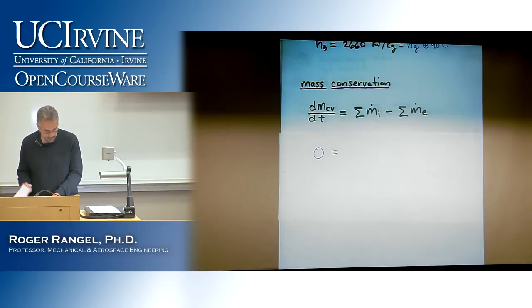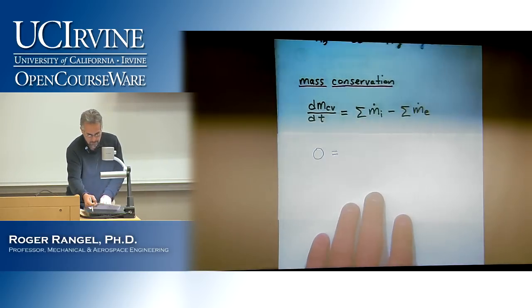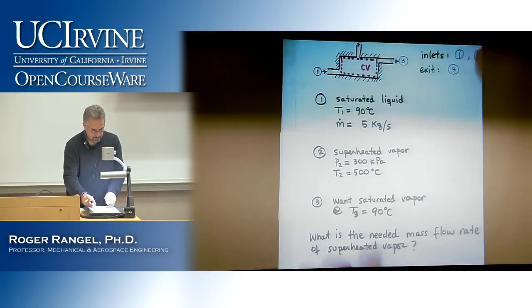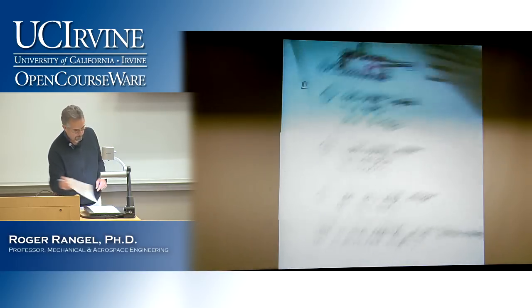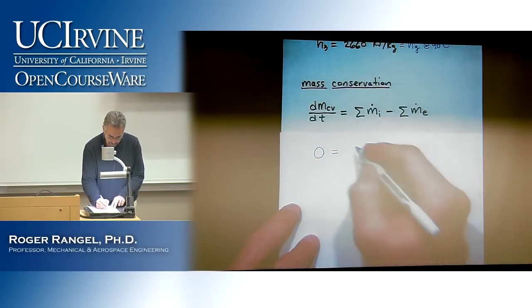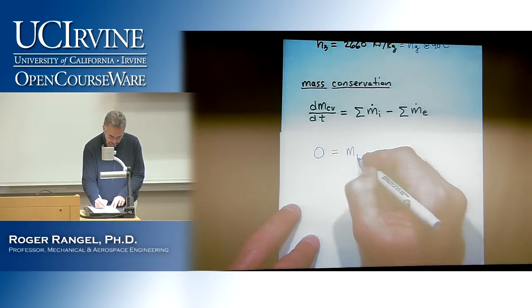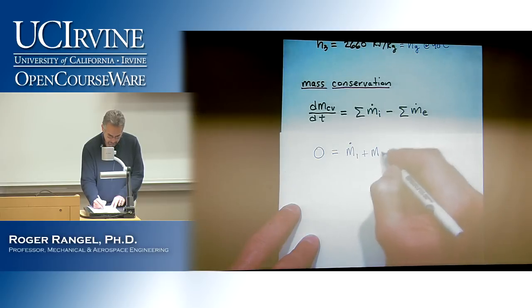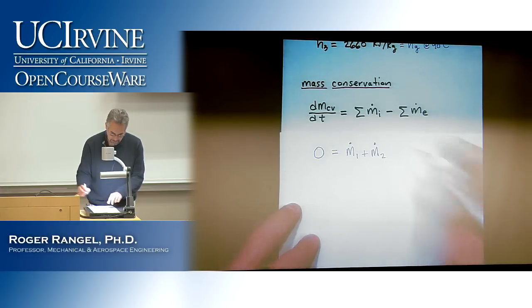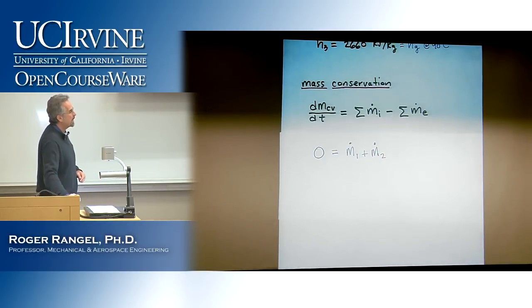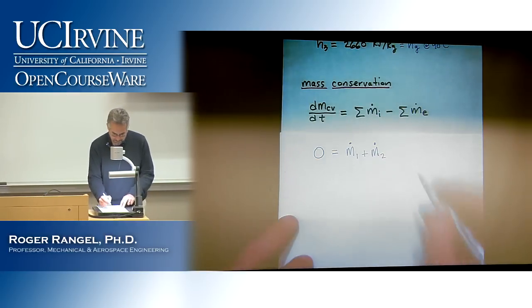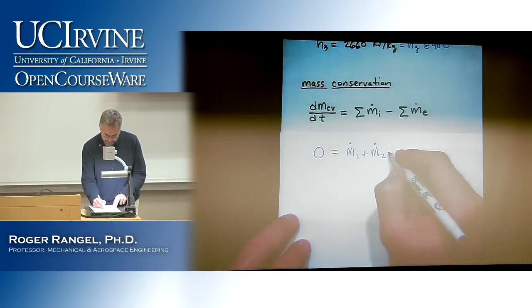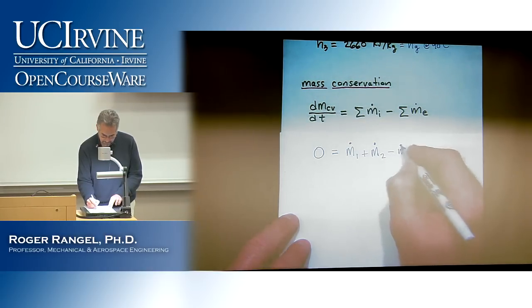And if we go back to the sketch, those would be 1 and 2. Right? So I can just simply write for the sum of everything going in is m dot 1 plus m dot 2, and then minus the sum of all the mass going out. But there is only one place where mass is going out, and that's at 3, so I just need to write minus m dot 3.